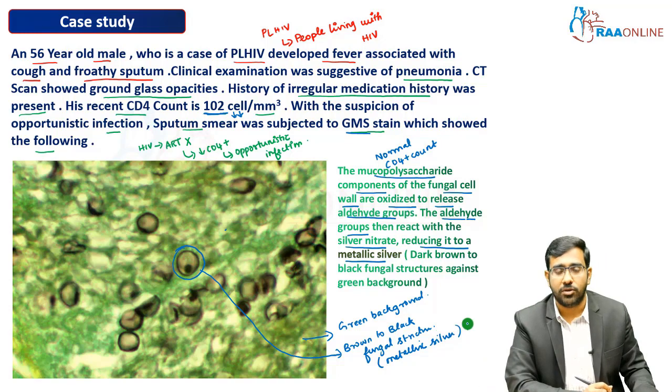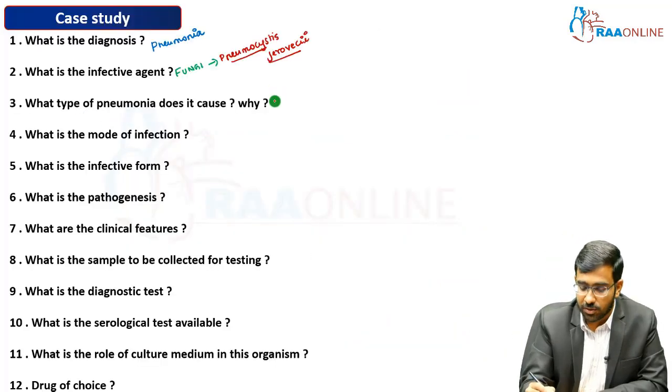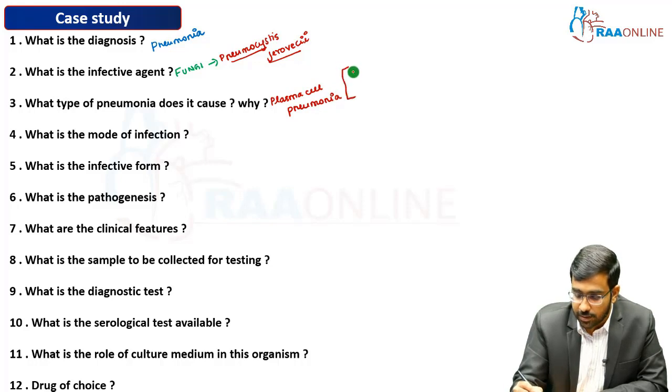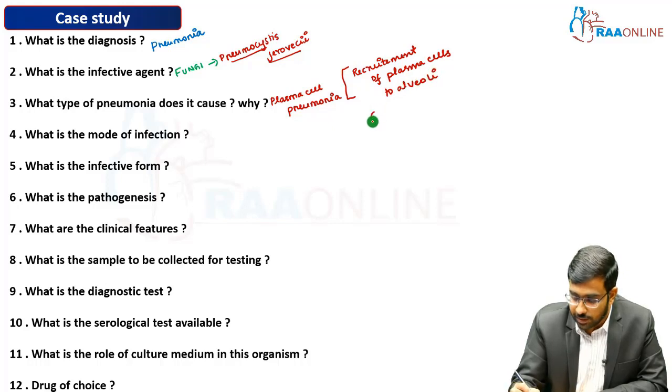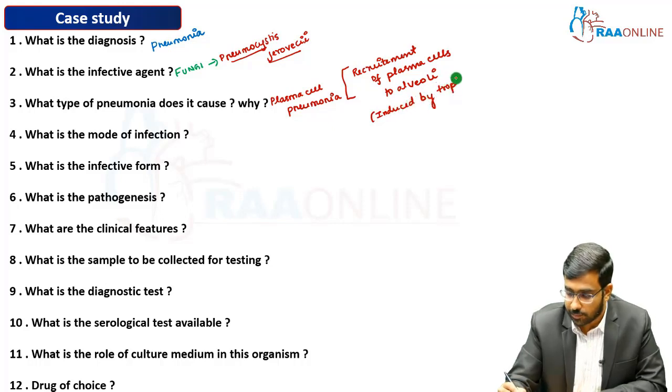Okay, so we will see the question and answer. What type of pneumonia does it cause and why? This particular organism causes pneumonia called plasma cell pneumonia, because there is recruitment of plasma cells to the alveoli induced by the trophozoites of Pneumocystis.